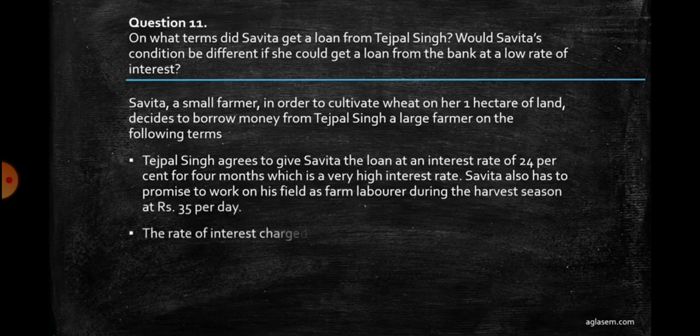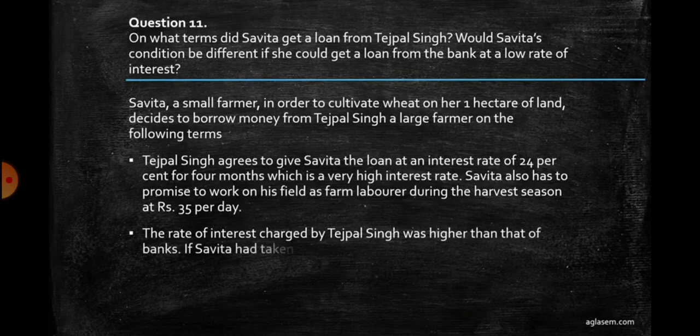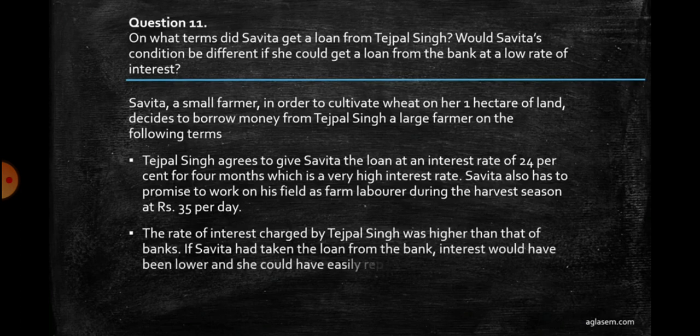The rate of interest charged by Tejpal Singh was higher than that of banks. If Savita had taken the loan from the bank, interest would have been lower and she could have easily repaid the loan, and her condition would have been far better.